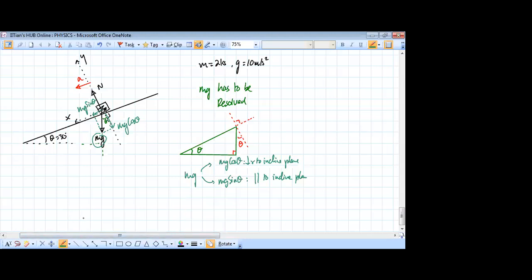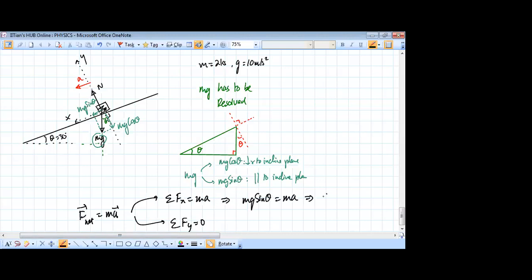So now again we can see that when we are applying Newton's second law, along the x-axis the acceleration is a, and along the y-axis the forces should be balanced. Along the x-axis there is only one force, mg sin theta. So mg sin theta should become mass into acceleration.